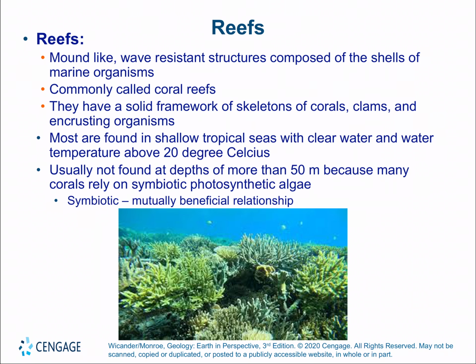Symbiotic is a mutually beneficial relationship. So basically the corals get benefit from the algae, and the algae get benefit from the coral. So it's a mutually beneficial relationship that happens.